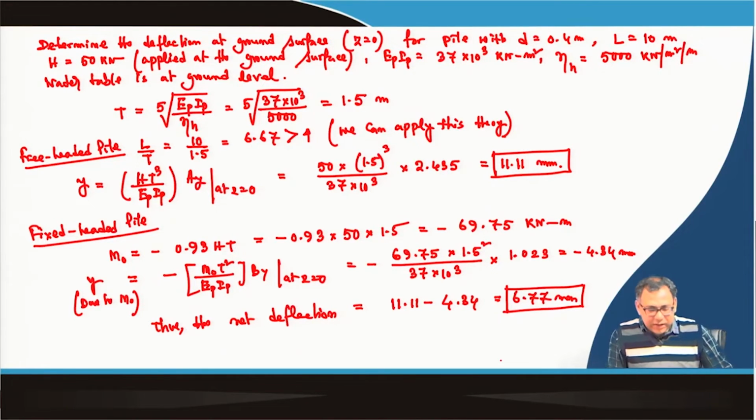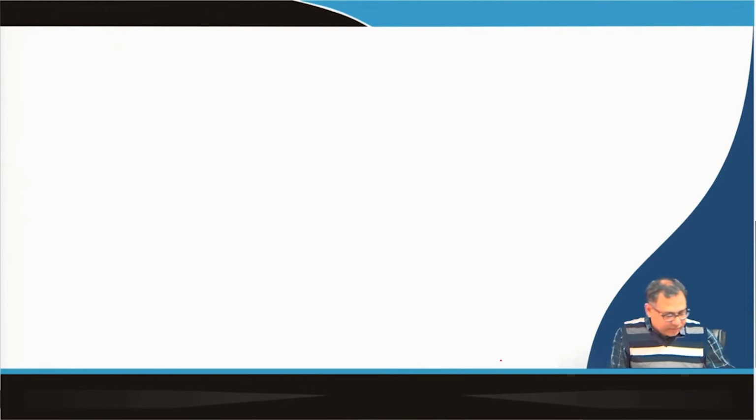So, this is the settlement for both the cases I have discussed, when your KH is uniform and with varying KH. But all the cases I have discussed are for the single pile. So, then for the group pile, how we can determine this deformation or the deflection.